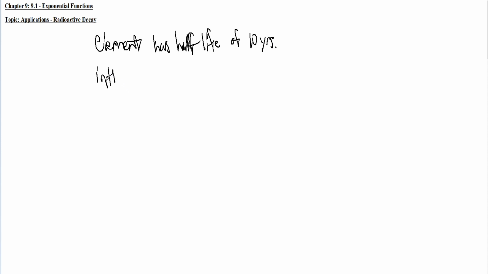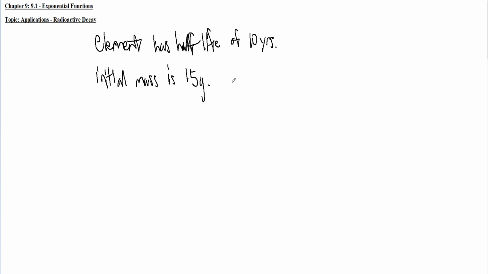So suppose, for instance, that we have some element that has a half-life of 10 years. And the initial mass is 10, or not 10, let's do 15 grams.